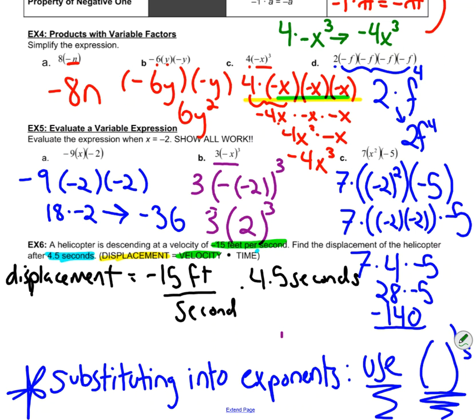And like we learned in chapter 1, the seconds over seconds is going to cancel out because you've got 1 in the numerator. Really this is 4.5 seconds over 1 over 1 in the denominator, so they cancel out.